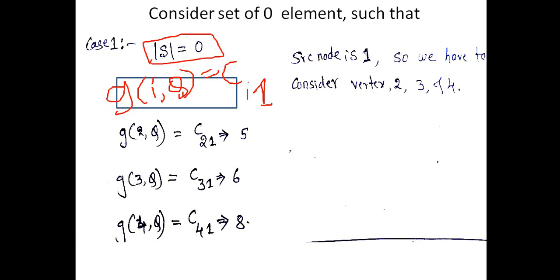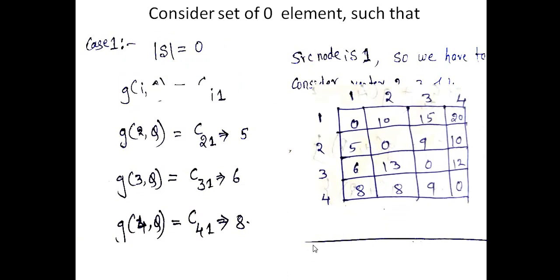Which value I have to substitute? C of I, first column. I means row. Okay. g of I comma phi, C of I1. This formula you have to use in which situation? When mod s equal to 0, means initial stage you have to calculate.